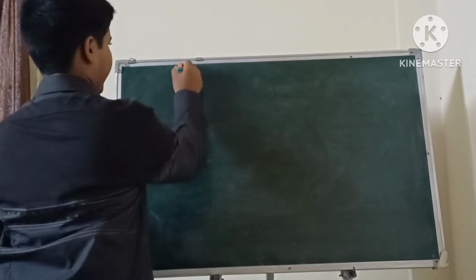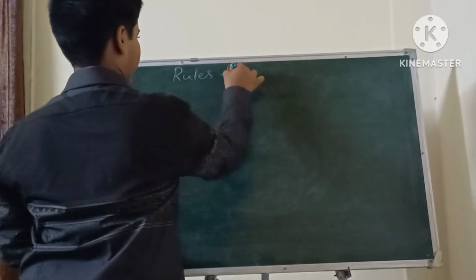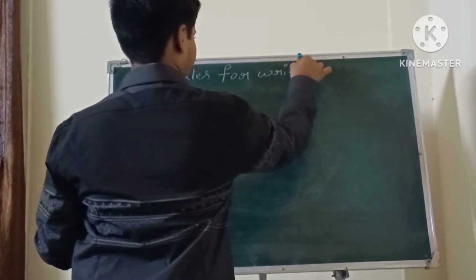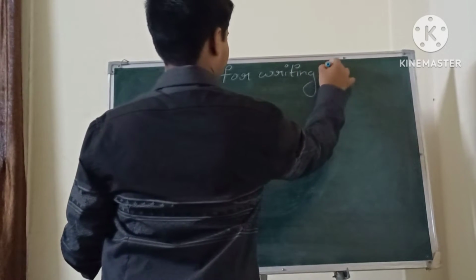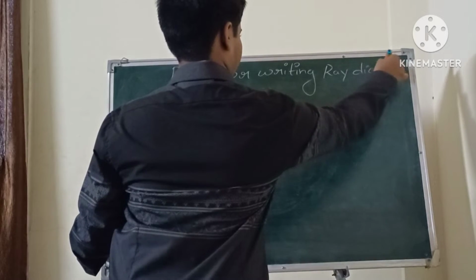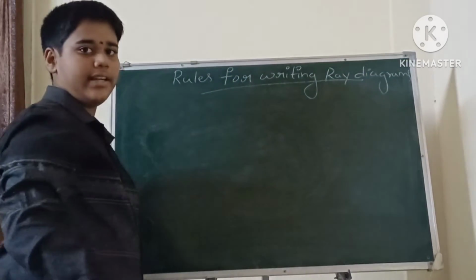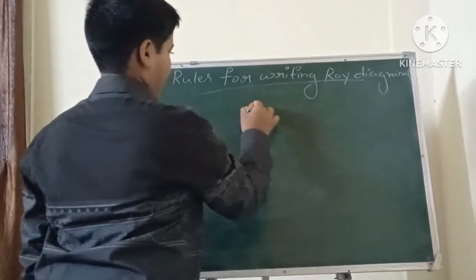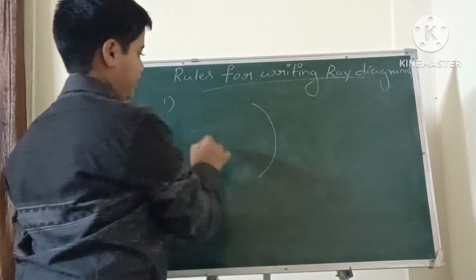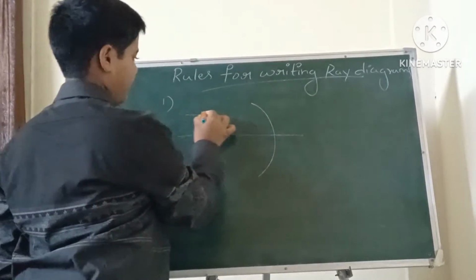Rules for writing ray diagrams. Here I am taking a spherical mirror, first rule, and this is the principal focus. If an incident ray falls like this, the reflected ray will come like this. And if the incident ray comes like this, the reflected ray will go like this. So this is the focus, and this is the first rule.